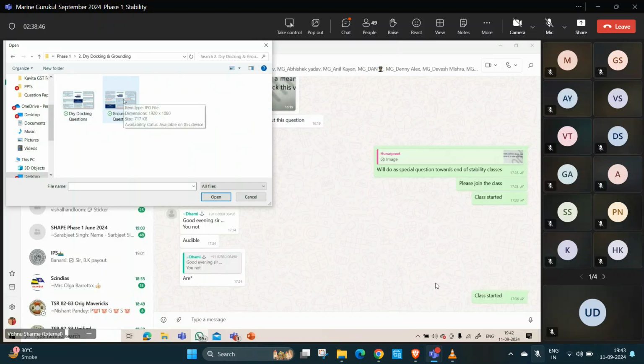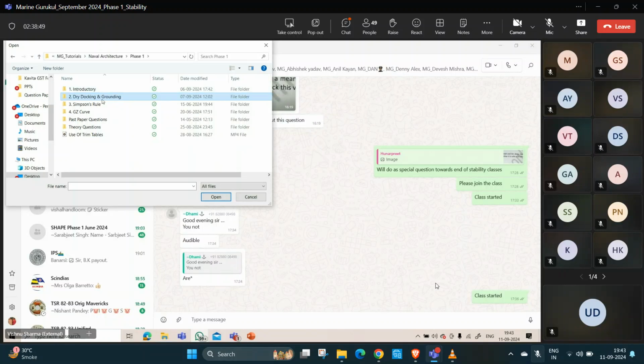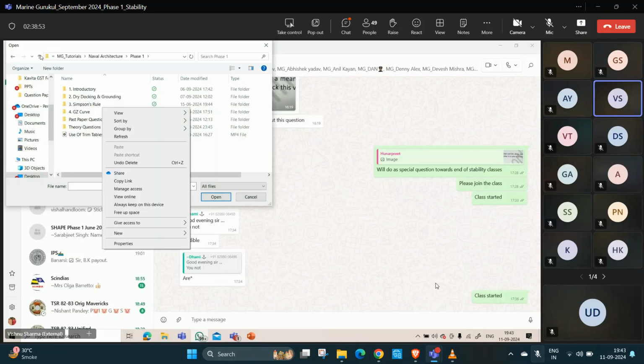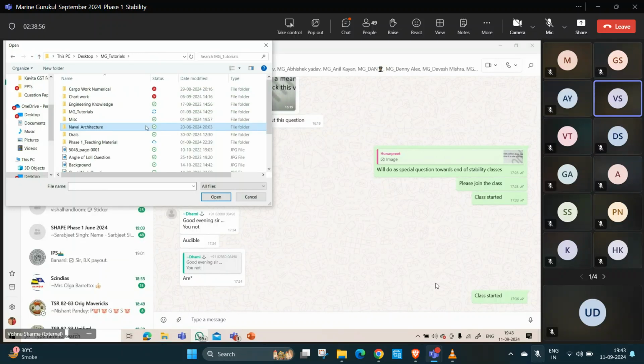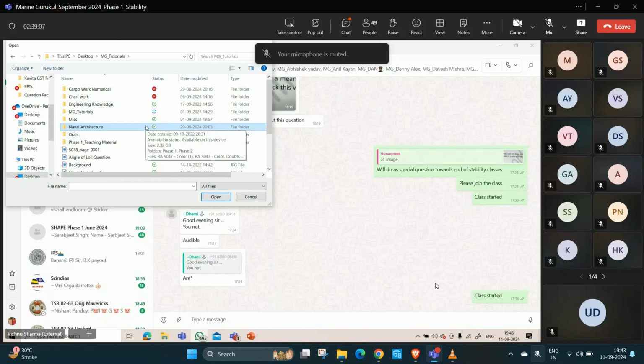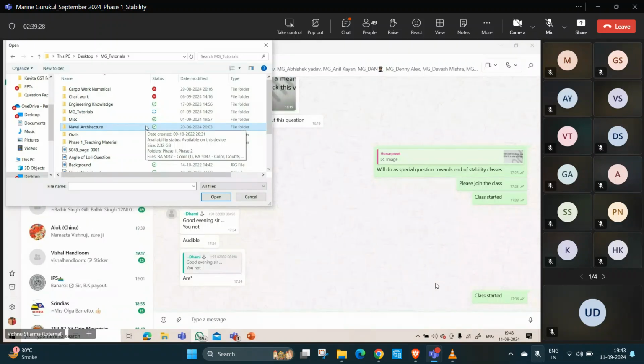Good. Where is the assignment? Okay, let me put it from my book. Okay, I've shared the assignment from my phone. I can't find it here. Never mind, it's okay.